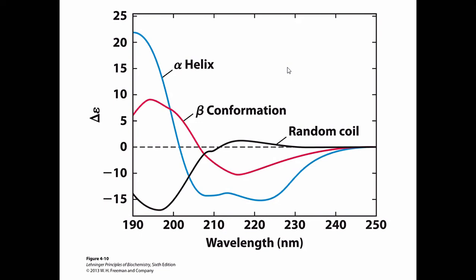We isolate the protein from there, and we check the stability. We increase the temperature to 50, 60, 70, and we see whether or not the protein loses its structure. If the protein doesn't lose its structure at high temperature, we call this protein a thermostable protein. And how do we monitor it? Using CD.